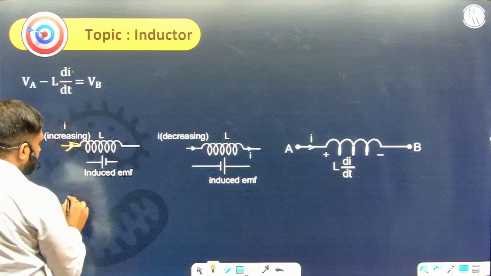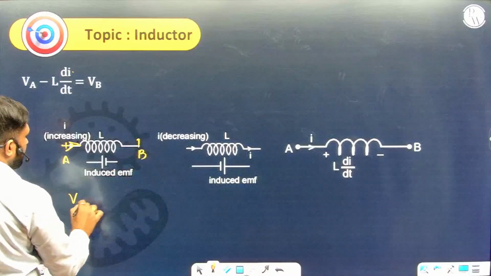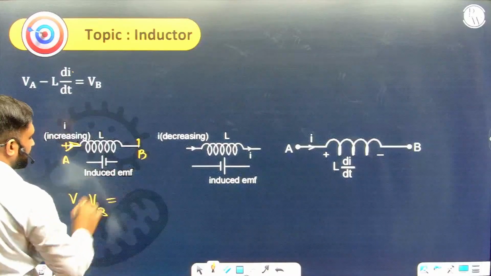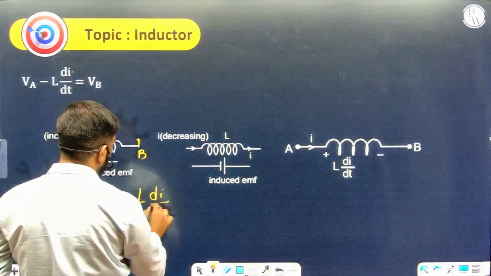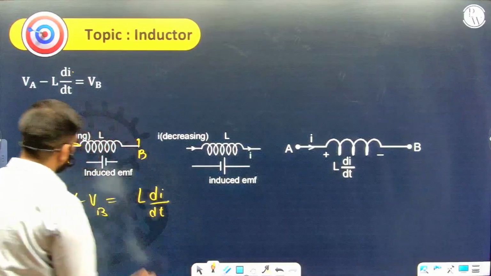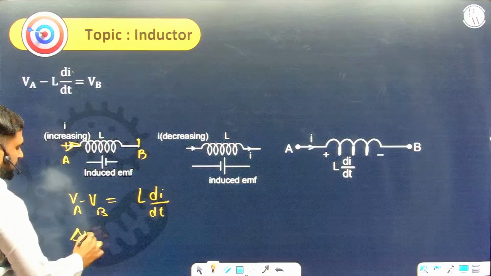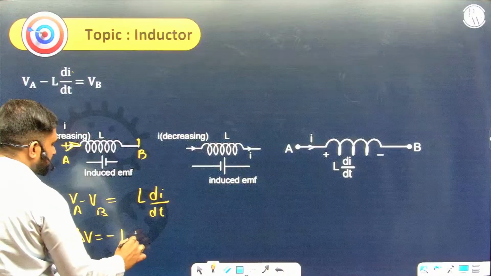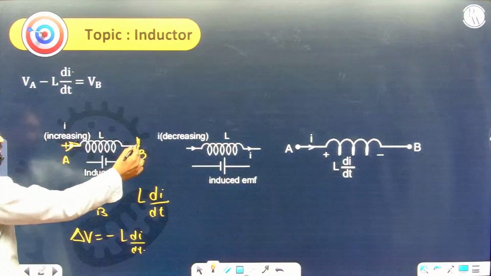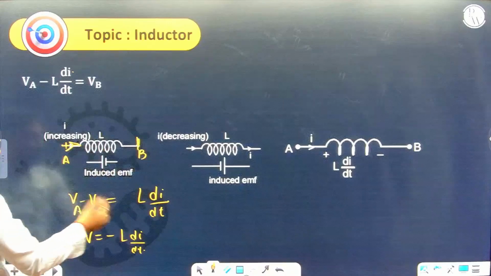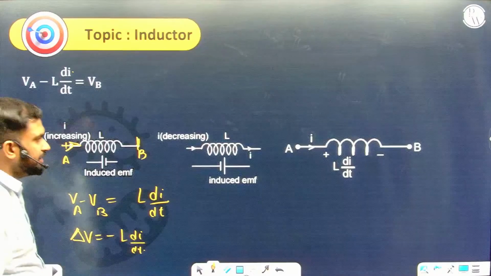Then the potential difference VA minus VB will be L di/dt. Initial will be higher, that's why the change in potential ΔV will be minus L di/dt. Change in potential has to be final minus initial, so initial minus final is L di/dt, so final minus initial is minus L di/dt.